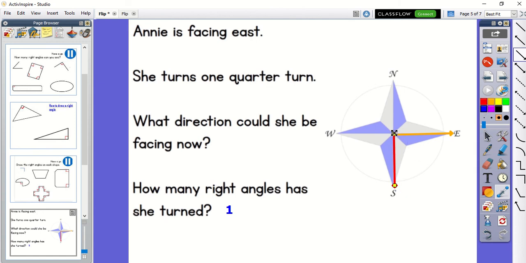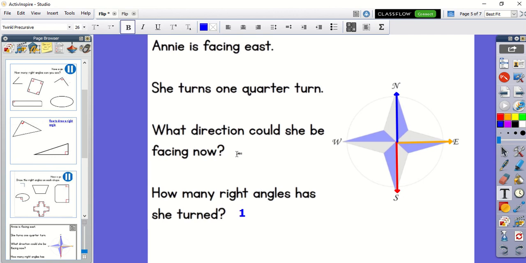But she doesn't only have to go just that way, she has other options. She could go anti-clockwise. So if she did a quarter anti-clockwise, she'd go round 1/4 and she'd end up facing north. So what direction could she be facing now? Well, she could be facing south or north. Either way, she's only turned 1/4, so she's only done 1 right angle turn.